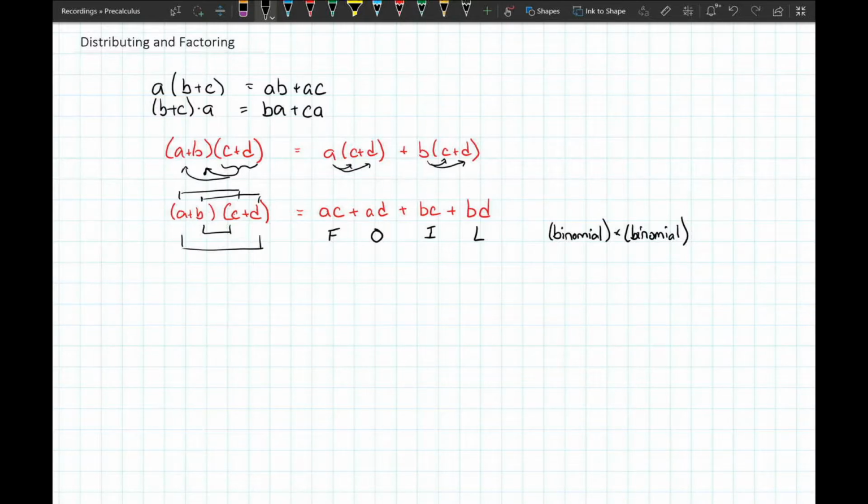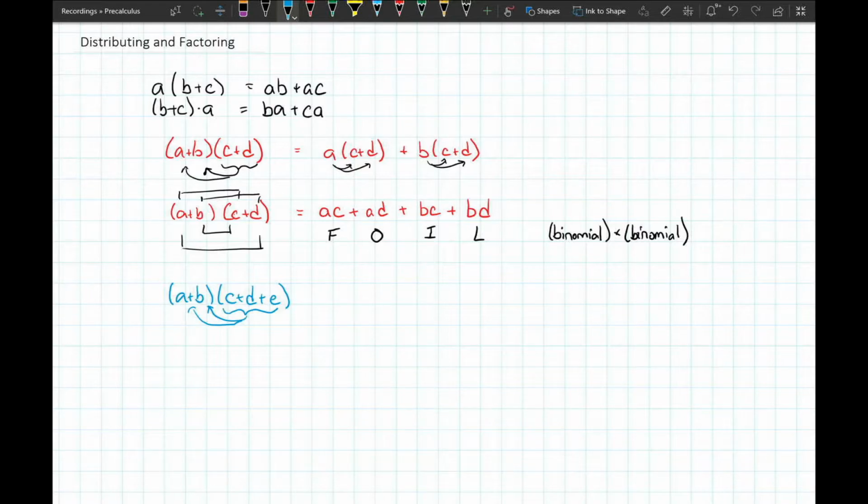FOIL is only applicable when you have 2 terms times 2 terms, but you can apply the distributive property as far as you need to. If you wanted to, you can essentially do the same thing here: you would take C plus D plus E and multiply that onto the A plus B. Once you've done distributing from the right, then you can start distributing from the left, and you're going to end up with even more terms this way.